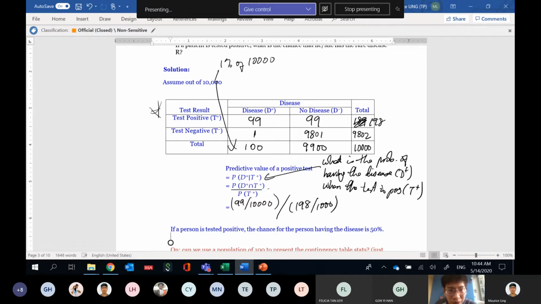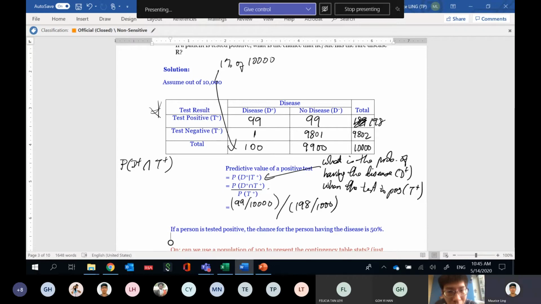So then later when we write out the conditional probability, it equals P multiplied by D plus intersect T plus, then divided by P multiplied by T plus. So the D plus intersect T plus is actually referring to the disease and test positive over the total population.